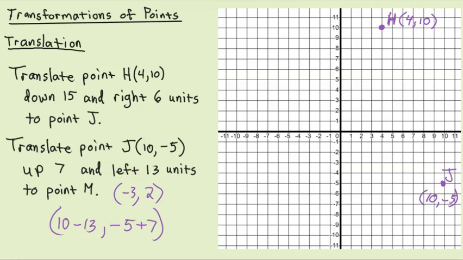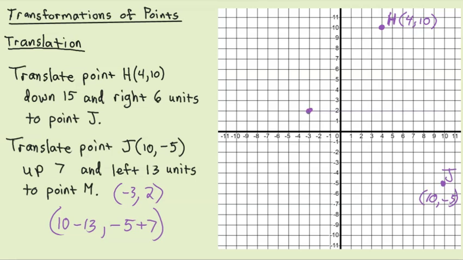Let's find out. If we start at J, we're going to go up 7. So that's 1, 2, 3, 4, 5, 6, 7. That's to right about here. Then we're going to go left 13. 1, 2, 3, 4, 5, 6, 7, 8, 9, 10, 11, 12, 13. That's right here.